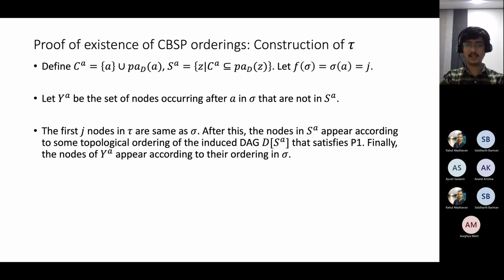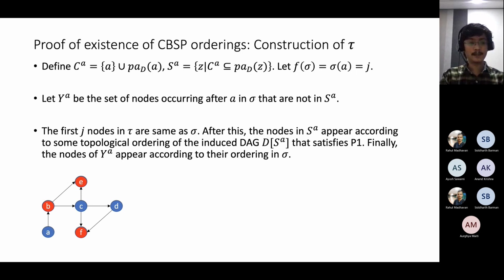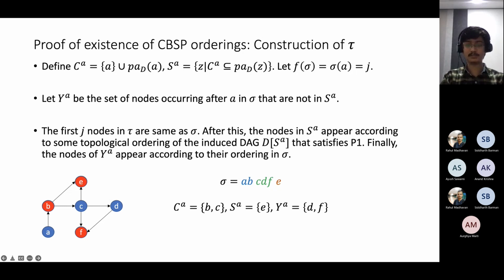I'll give a small example to better illustrate this. Consider the same DAG and let sigma be A, B, C, D, F, E. We can see that sigma does satisfy the clique block property since all the blocks induce a complete graph. So AB is a complete graph, CDF is a complete graph, and E is a complete graph.